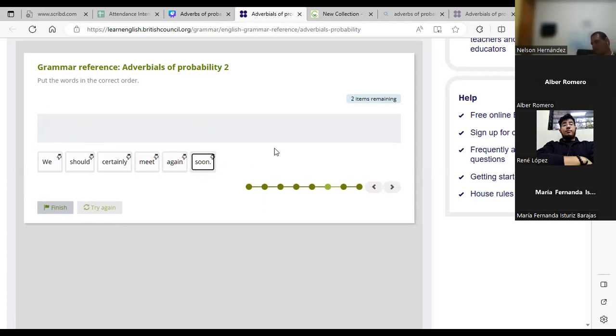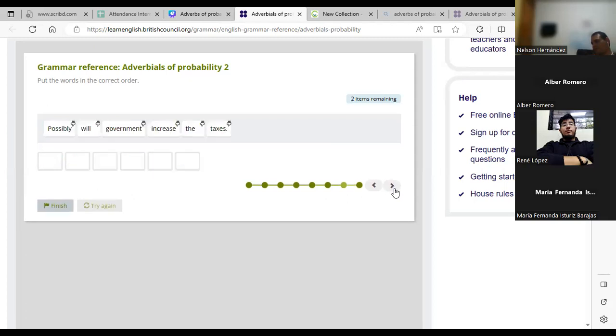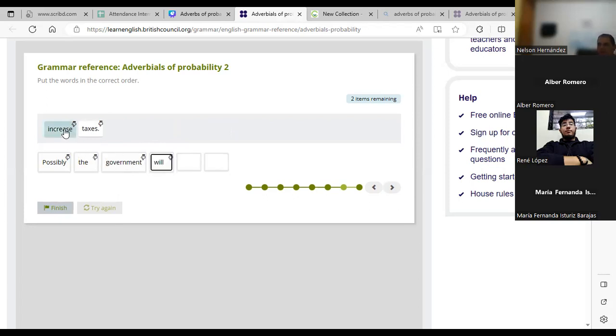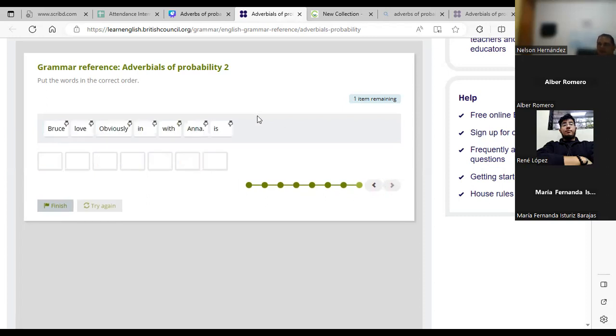Okay, good job. Then let's move on. We have possibly here. Possibly the government will increase taxes. Good job. Let's move on to the last one and then we will see what's the score we have gotten.